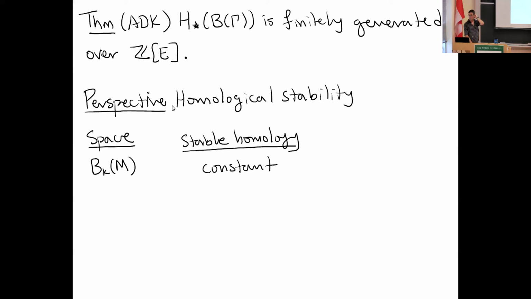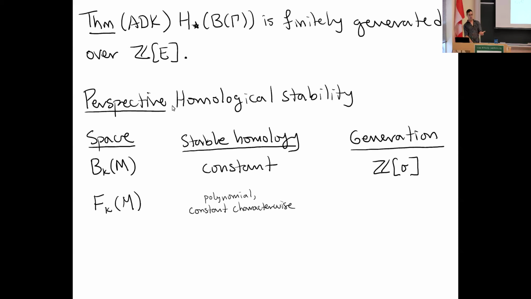And at least if it's an open manifold, this is a theorem of McDuff, and we can think about McDuff's theorem as saying that the homology is finitely generated over a polynomial ring on one generator, where that one generator acts by adding a new particle very far away, near the boundary, say. Okay, that's homological stability.